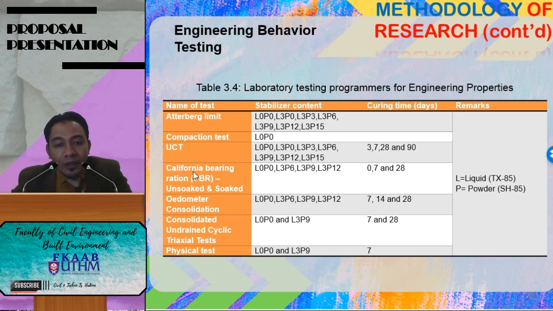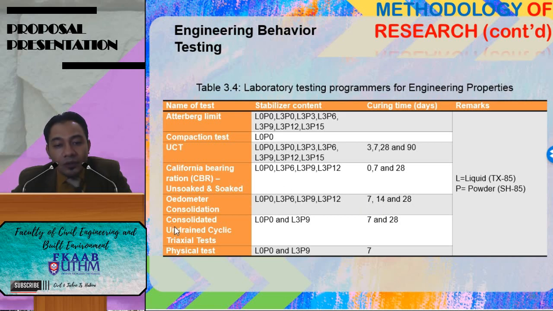Alright, and then this is for the California Bearing Ratio, CBR, for soaked and unsoaked. And then this is for the odometer consolidation. For the odometer consolidation, the stabilizer content starts from untreated, and then L3 plus P6, L3 plus P9, and L3 plus P12. This is for the curing time.